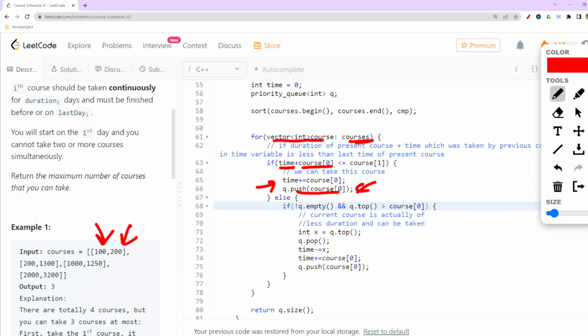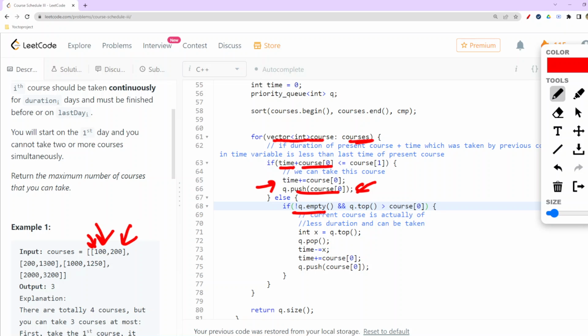In that scenario we could not directly push this into the queue, but we are required to pop out the maximum, the one with the larger duration, because it is a max heap. It will sort everything as per the first element, and it helps us get that out of the queue.